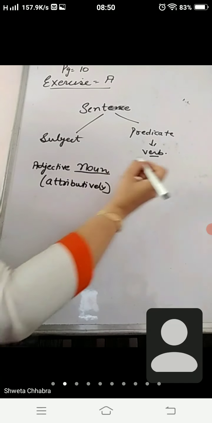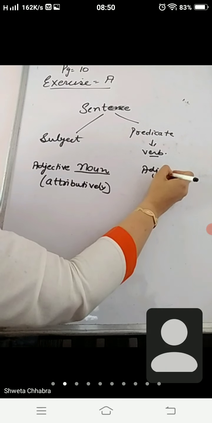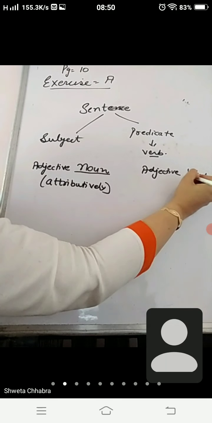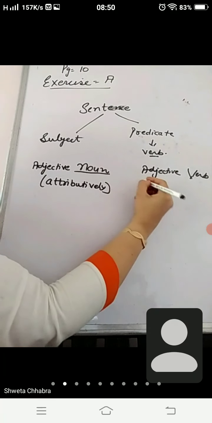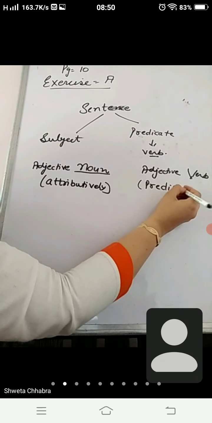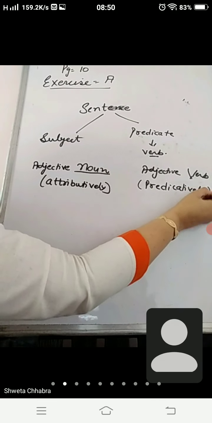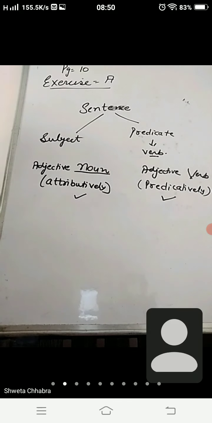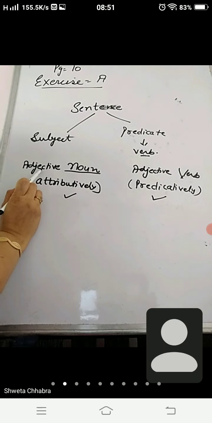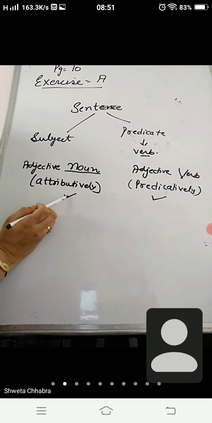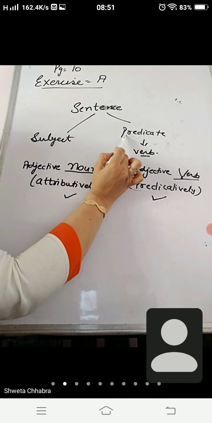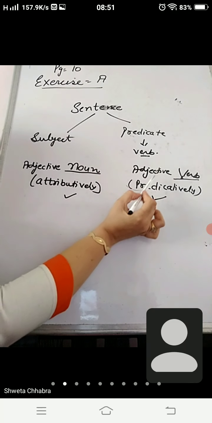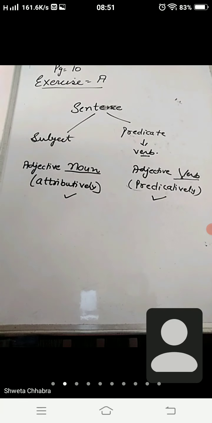And when an adjective is used before a verb, the verb will always be found in the predicate. That's why its name is predicate. Only this much. Keep these two points in your mind. When an adjective is used before a noun, it is attributively used. When an adjective is used before a verb, and this is found in the predicate part of a sentence, that's why it is predicatively. Clear, bachche? Shall I move further now? Okay.